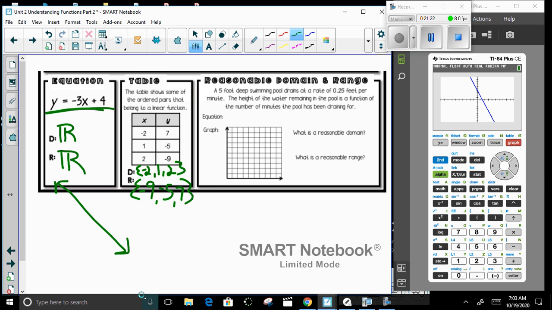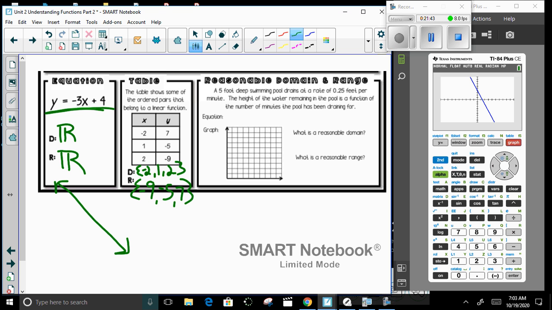All right, let's try a word problem. A 5-foot deep swimming pool drains at a rate of 0.25 feet per minute. The height of the water remaining in the pool is a function of the number of minutes the pool has been draining for. So I start with 5 feet, and it drains 0.25 feet per minute.